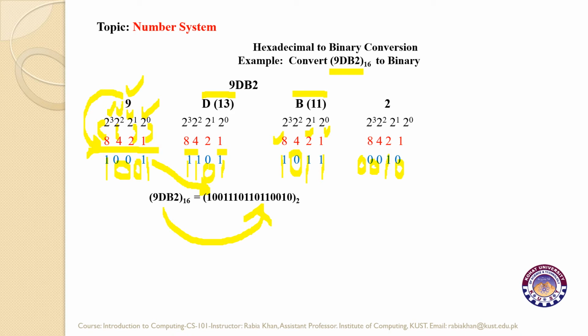And then you have to write the conversion for D, which is 1101. And then for B, which is 1011. And then for 2, which is 0010 in base 2. I hope the method is now clear to you.